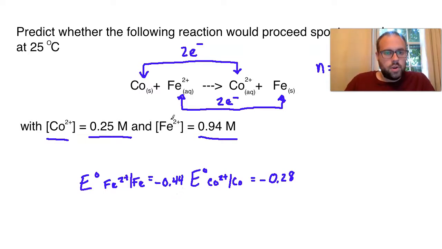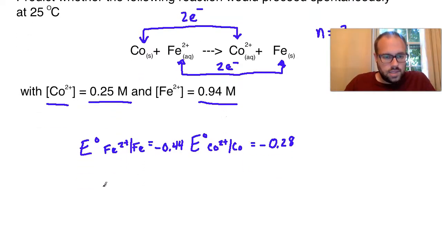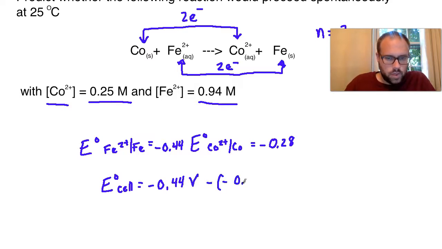Now, remember that the oxidized is going to be the anode and the reduced is going to be the cathode. So the iron is being reduced. Therefore, the iron value is the one that should come first when I'm calculating the Ecell. So it's going to be E naught cell is equal to negative 0.44 volts minus a minus 0.28.